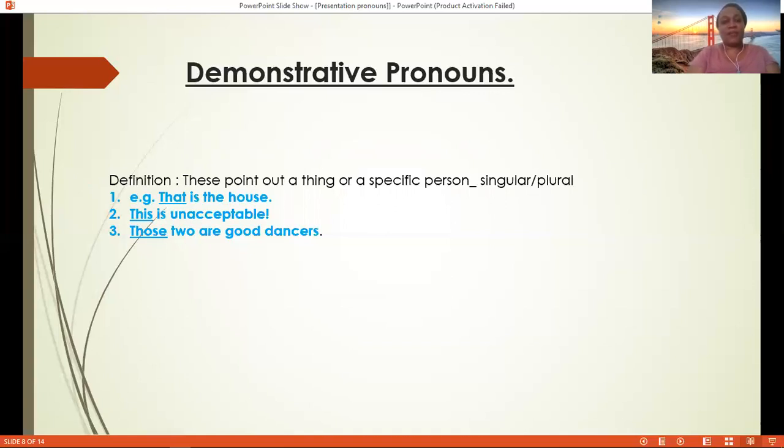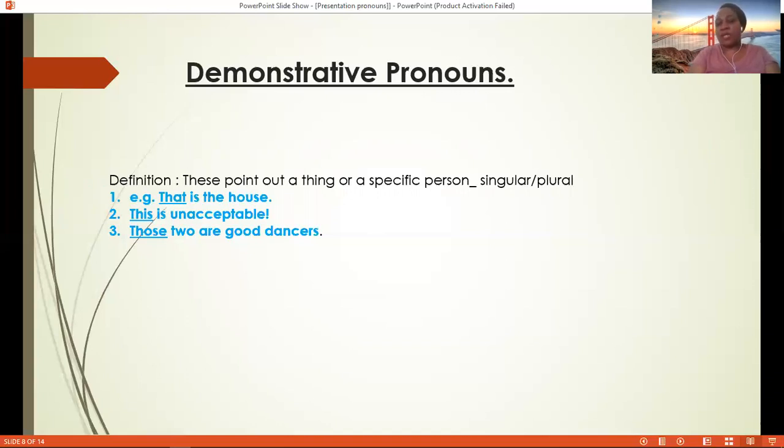For example, that is the house. We're pointing out that specific house. Maybe it's the house where he stays or where something happened. This is unacceptable. Maybe it's the kind of work which has been done. We are pointing it out to say it is unacceptable.